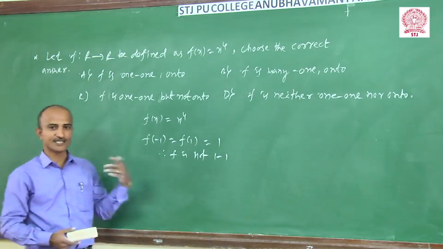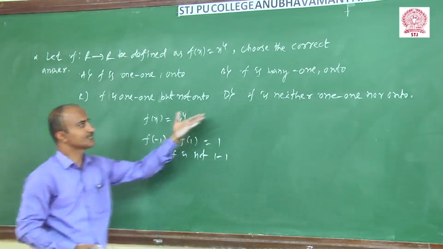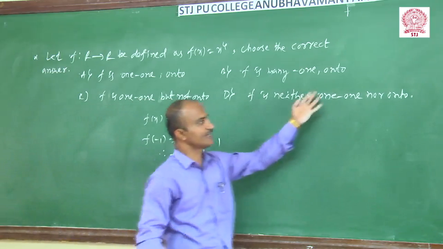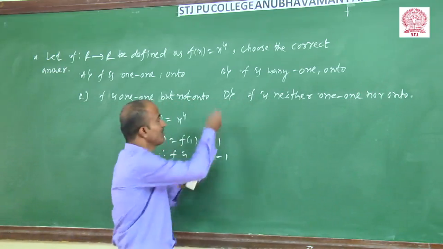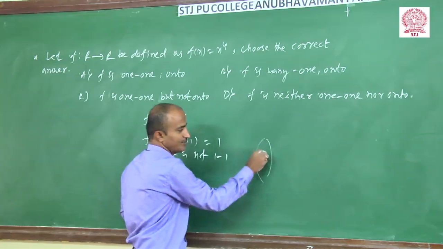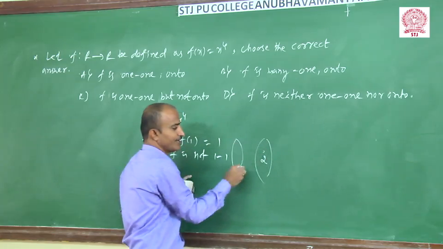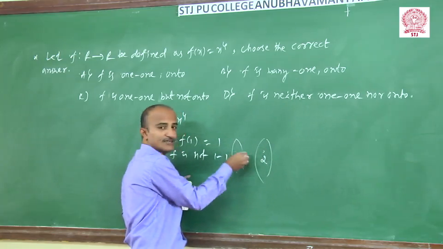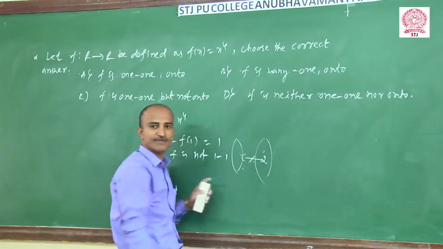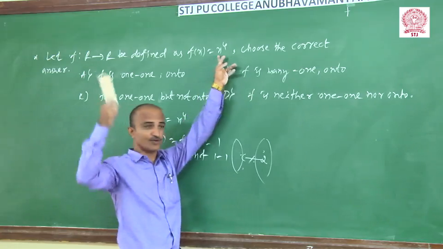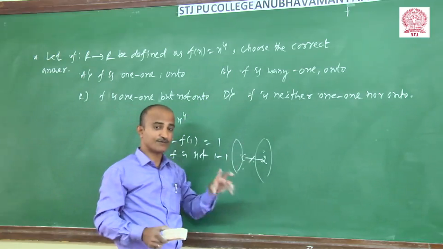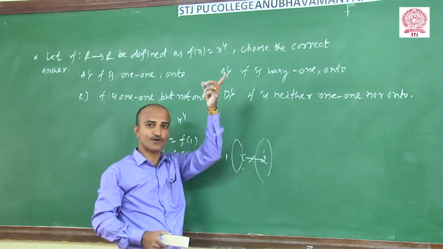So when the function is neither 1 to 1 nor onto, we will choose the option f is neither 1 to 1 nor onto. See, in the codomain if you take 2, where we do not find any pre-images in domain. If you take 1, we will have what? 1 to the power of 4 is 1 only, but f of 2 is 2 to the power of 4.